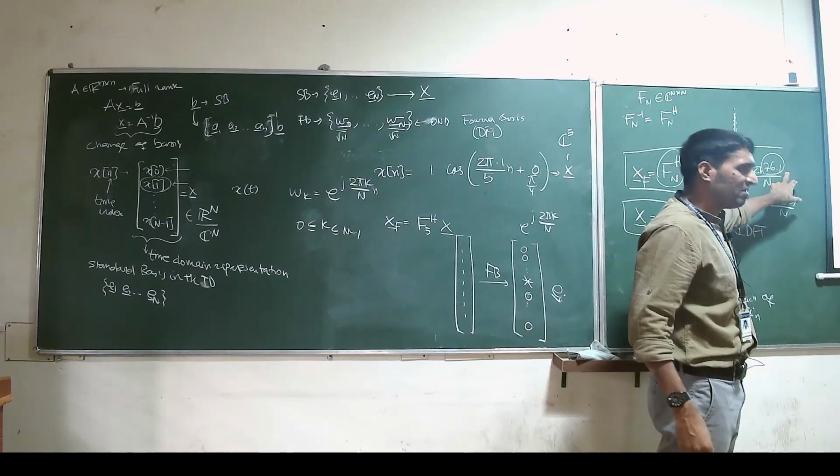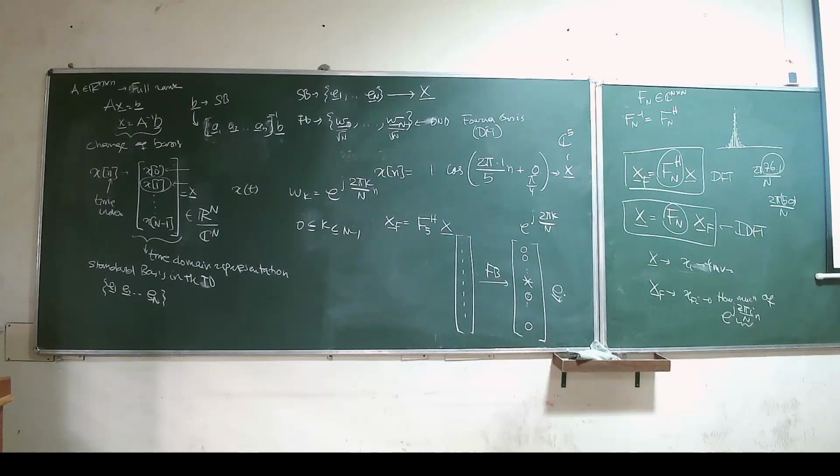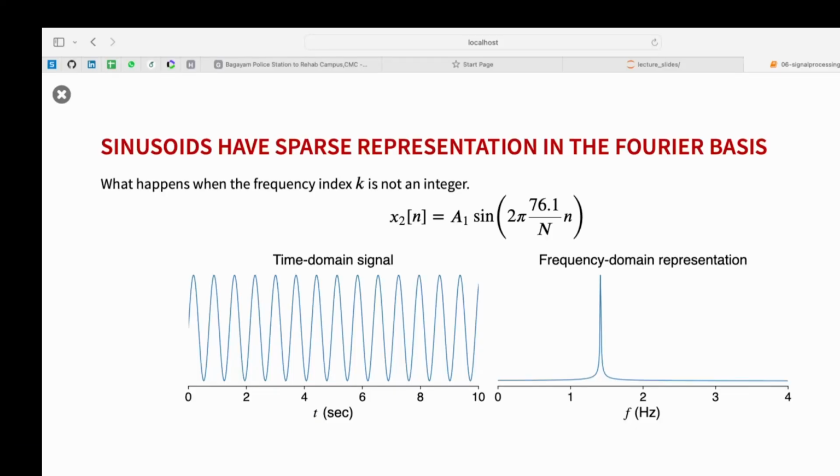I would say this is still better than the time domain, because here I can at least say the frequency is somewhere around here, that's the biggest component. Whereas in the time domain I'll have to do some calculations to find out. The moment I transform it to the Fourier domain, the major frequency component is immediately apparent.